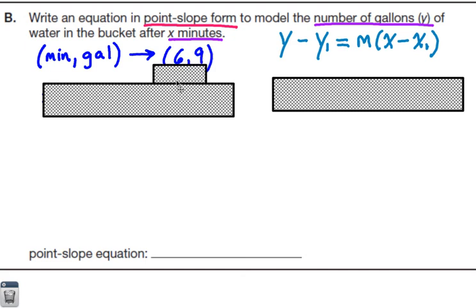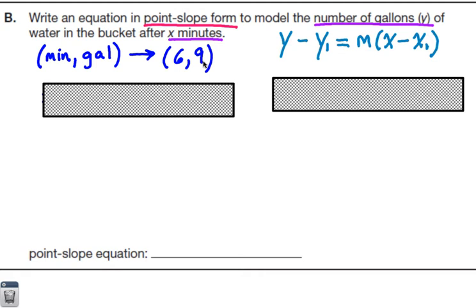And you could probably think of a bunch, I guess after 0 minutes there was 12 gallons, at the start. So maybe 0, 12 would be another one. But anyway, we do know that after 6 minutes there was 9 gallons left over. So I'm going to use that as a minutes-gallons pairing and basically as our point.